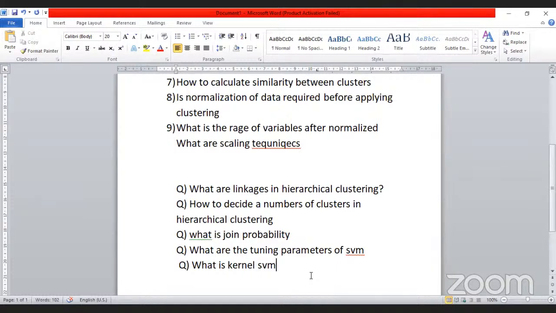It is just converting our non-separable data to a separable form. Okay, this is the kernel technique in an SVM. It's just applying a transformation on our input data to convert it into the separable form.